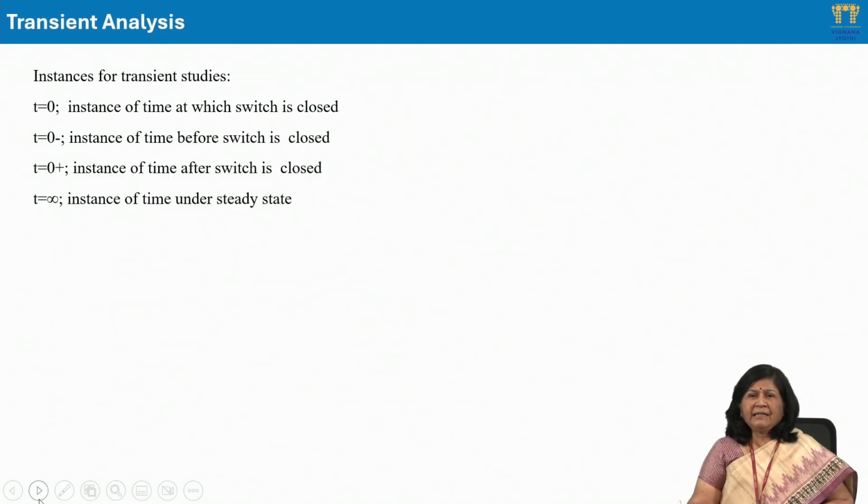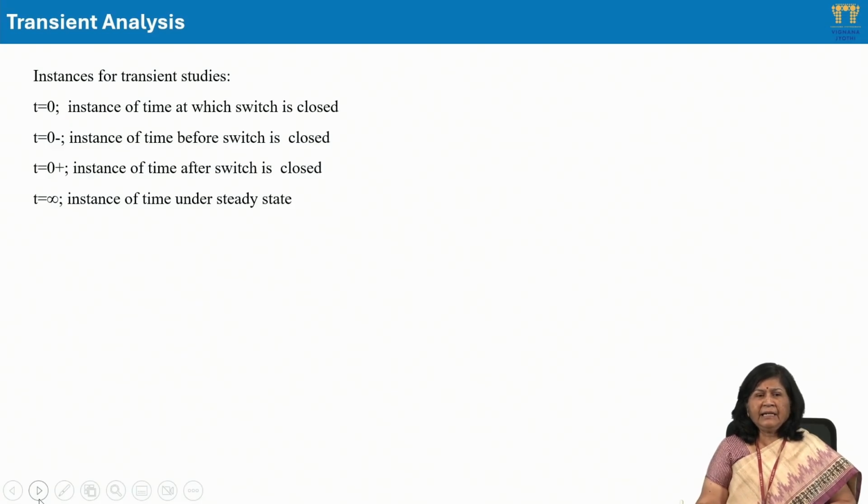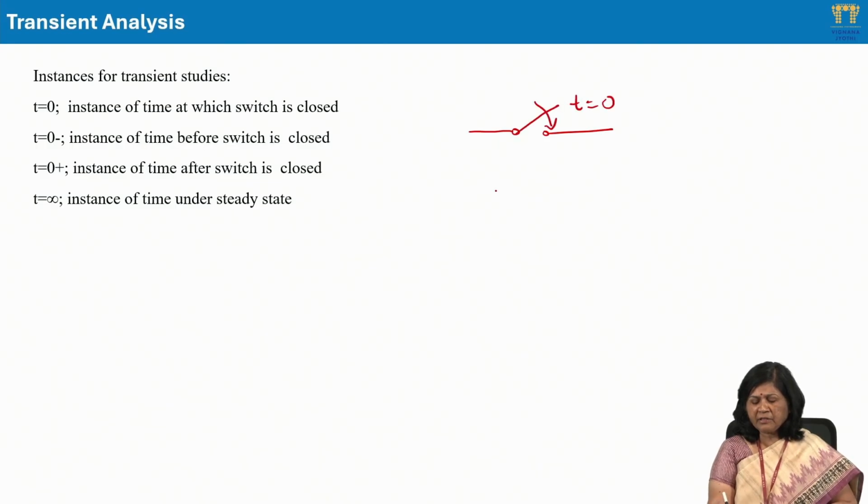In transient analysis, there are a few time instances which we refer to for the analysis. T equal to 0 indicates the time at which the switch is closed. If I take a switch like this, T equal to 0 indicates that the switch is closed, or I can also say that at T equal to 0 the switch is opened.